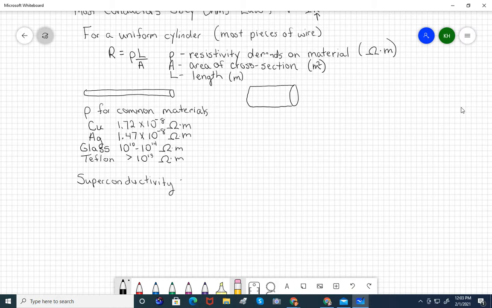Basically, there is a situation where some materials lose all resistance below a critical temperature. So, what does that look like?